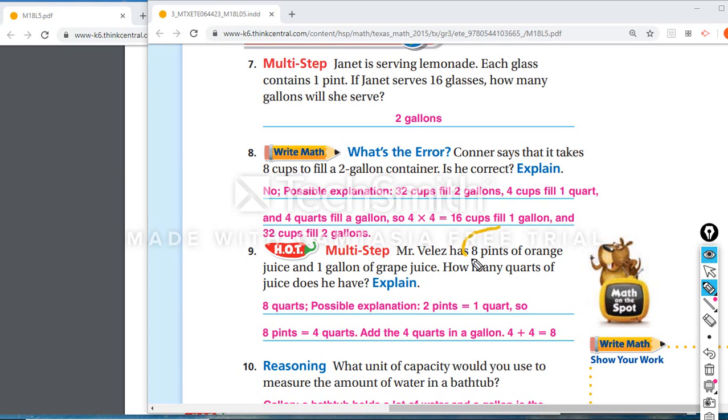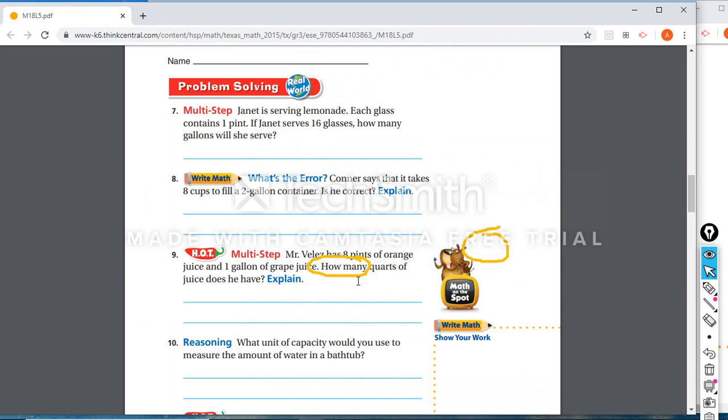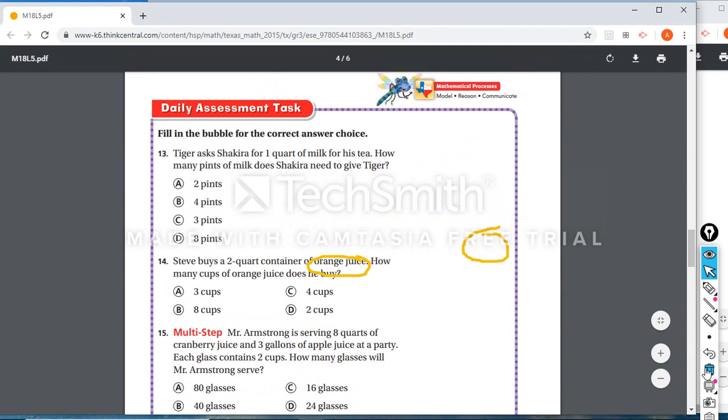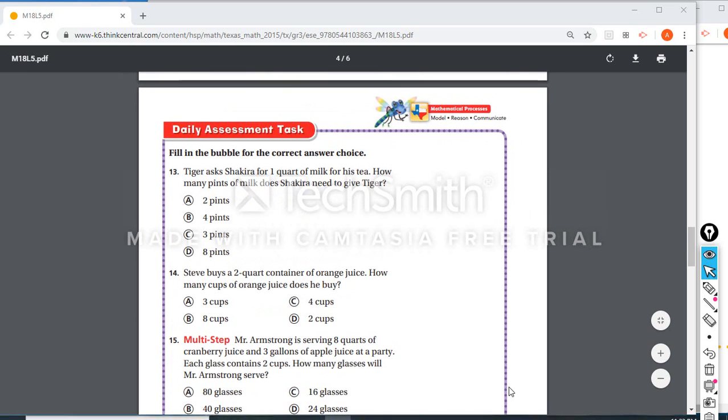Remember, you convert the pints into quarts here, and you convert the gallons into quarts, and then make your choice and work it out. That's the key. If you remember that, that's what you'll use for these next ones. So good luck. Take your time, and please focus on what you're doing, and you're going to be okay.